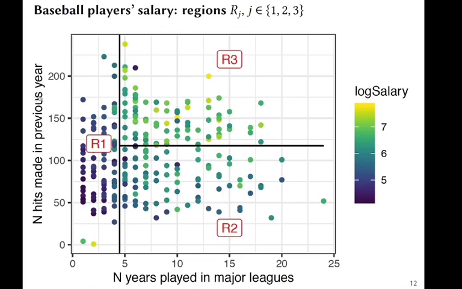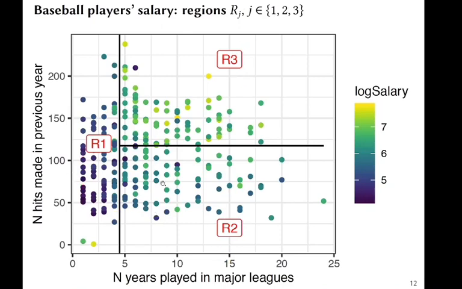Graphically, people on the left were assigned to region number 1, independent of the number of hits they made in the previous year. Then people on the right were again partitioned into 2 halves, based on the number of hits. So these are our 2 split rules, and these are our 3 terminal nodes, our 3 leaves.